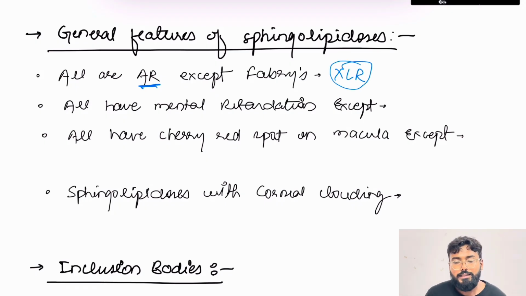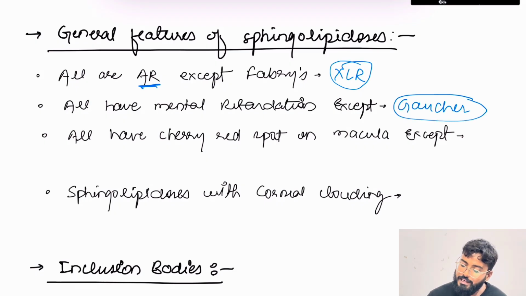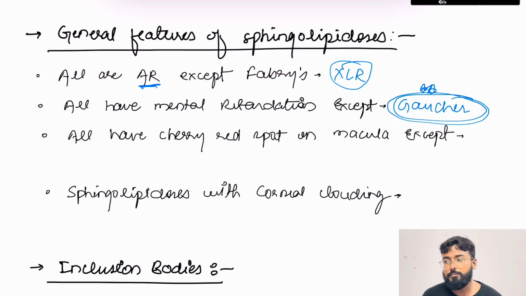Now all these sphingolipidosis have mental retardation as a clinical feature except your Gaucher. In Gaucher, you are not going to see mental retardation. This is really important. If all these features are given and it is a lipid storage disorder, but it is not including mental retardation as a clinical feature, this is your Gaucher's disease.